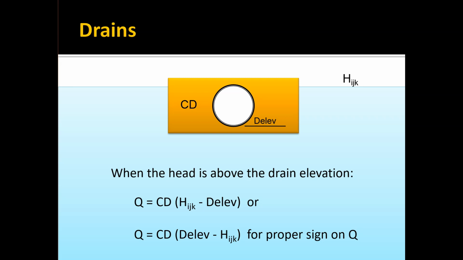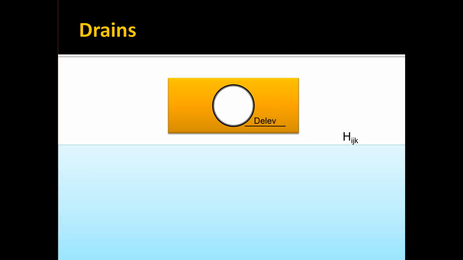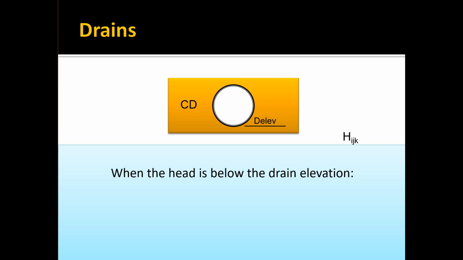So it can vary linearly. If you imagine that head at the cell gradually dropping, the closer it gets to the drain elevation, the smaller this head difference gets, and the lower the discharge is from the aquifer to the drain, until eventually, if the head drops below the drain elevation, then it's too low. There's no water to feed into it.